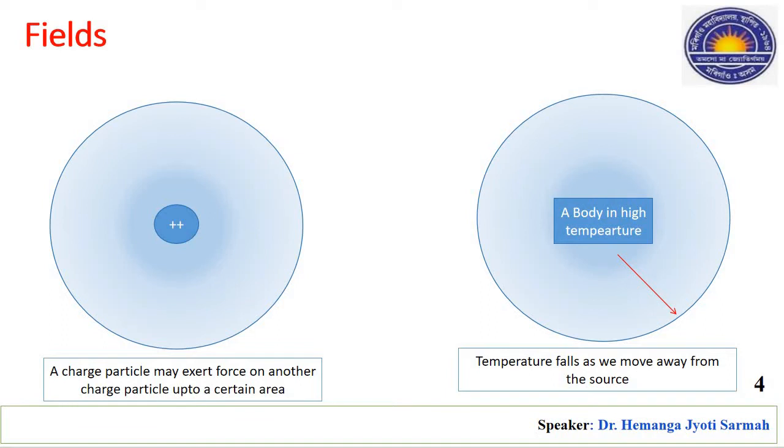There is some other example where we can place a hot body, that is, a body at a high temperature. If we note the temperature around it, we will see that the temperature falls almost monotonically as we move apart from the body, and up to a certain region we will have a mapping of different temperature values at different points.